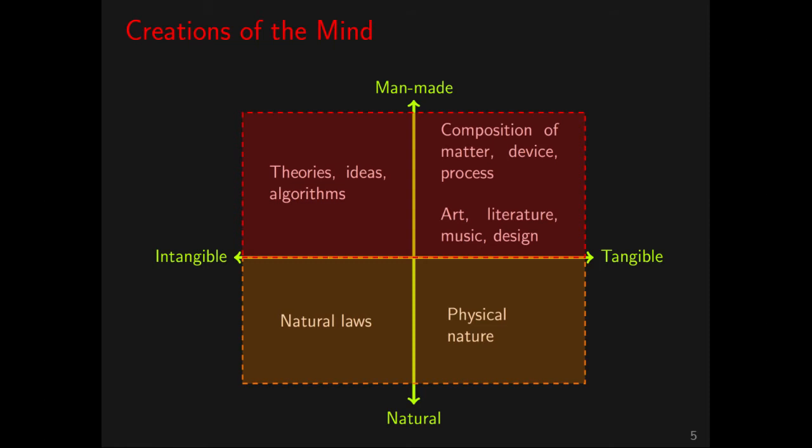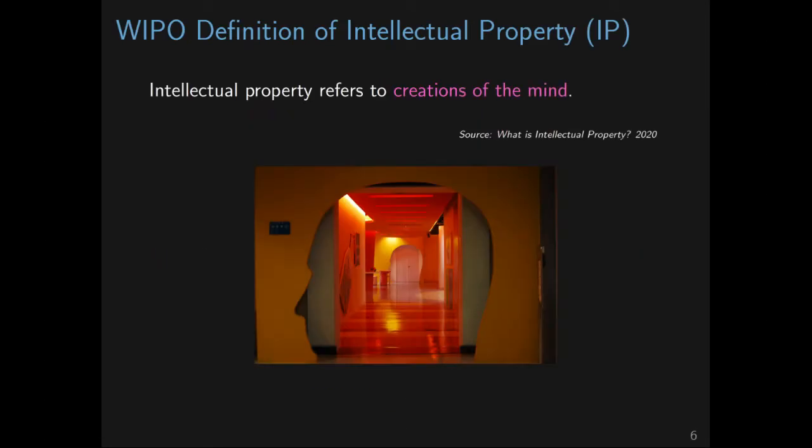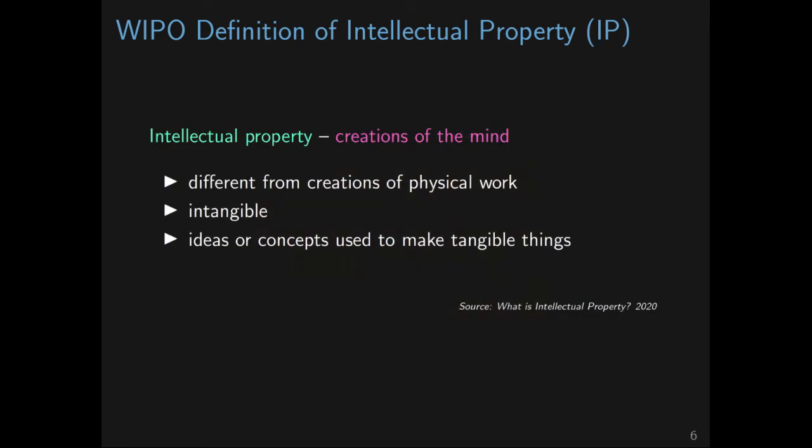Now, this is an important point to make because the World Intellectual Property Organization defines intellectual property as creations of the mind. By this definition, IP is differentiated from the products of physical work.